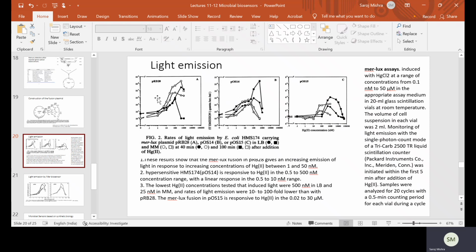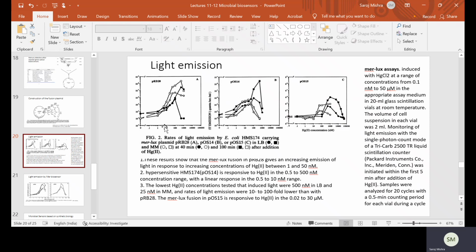So in a system where you have only part of the MerT, which is not able to transport, as you increase the concentration of mercury ions, quantitatively the response which you register is more and more. This response happens to be more in the minimal medium compared to that in the rich medium. In the LB medium, the 100-minute data is worse, but at 40 minutes, if you do sampling, it is able to register up to 1000 nanomolar.